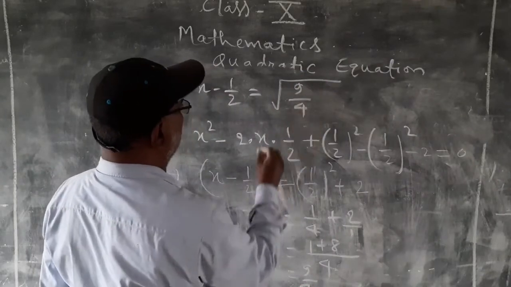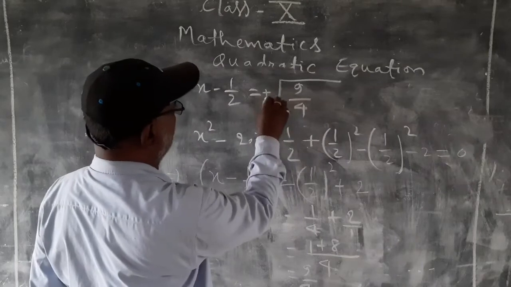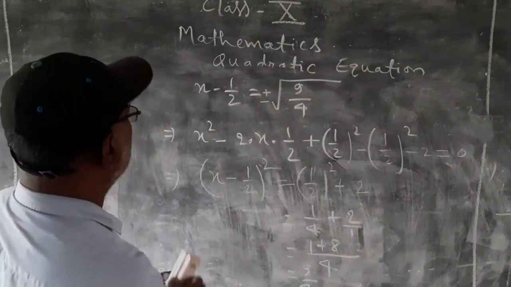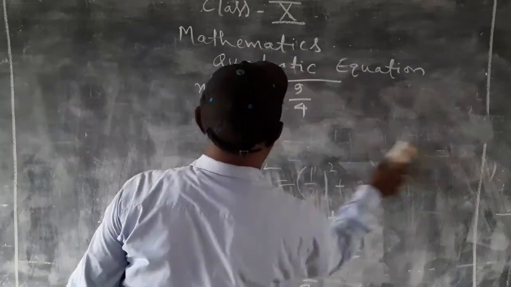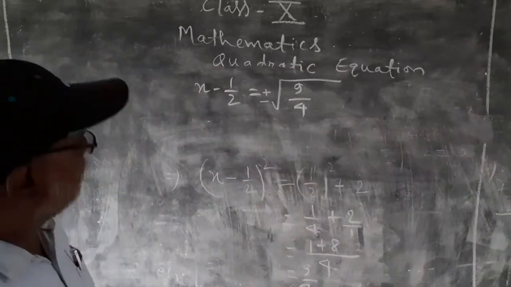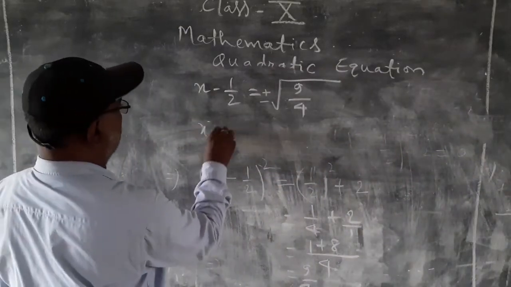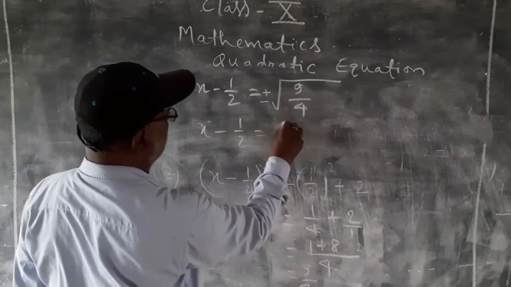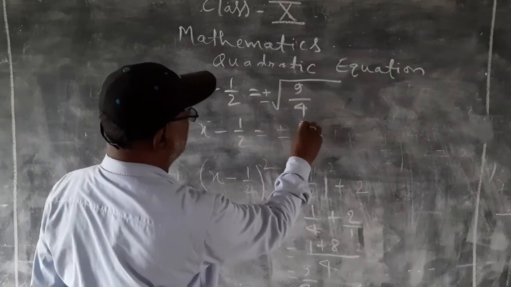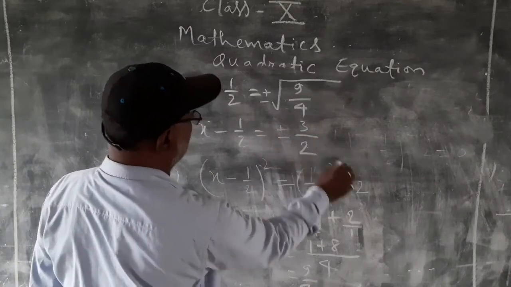Square root of 9 by 4, and the square root of any number is either plus or minus. Therefore, x minus half equal to plus minus the square root of 9 by 4. The square root of 9 is 3 and that of 4 is 2.